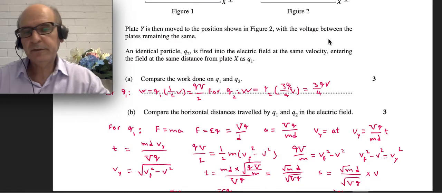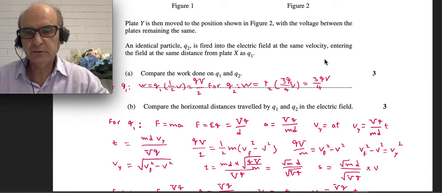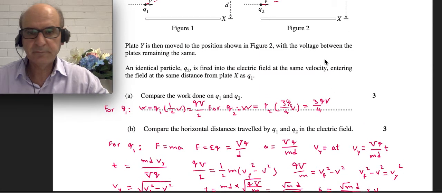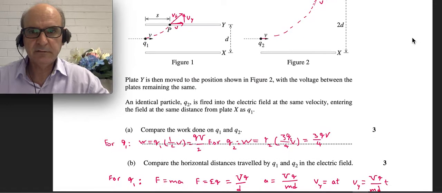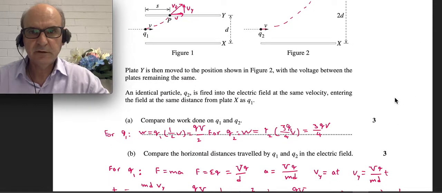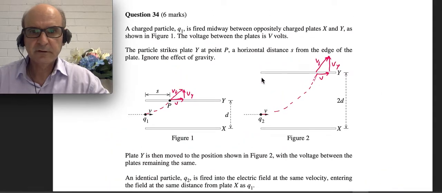B, compare the horizontal distance traveled by Q1 and Q2 in the electric field. So we are trying to find S here, the horizontal distance that this travels here.